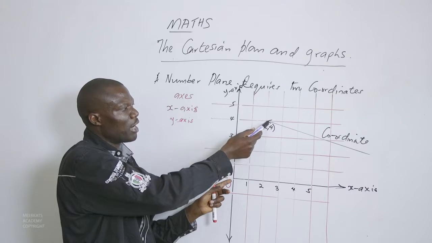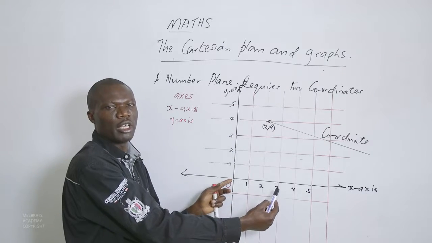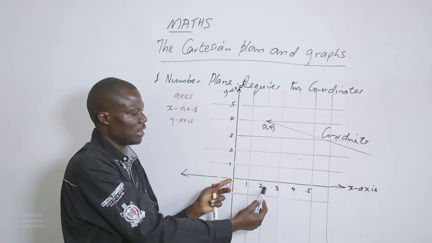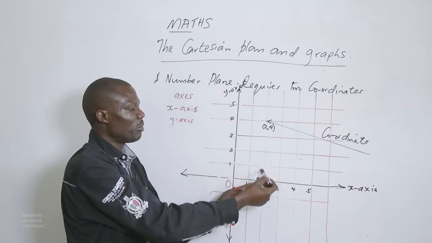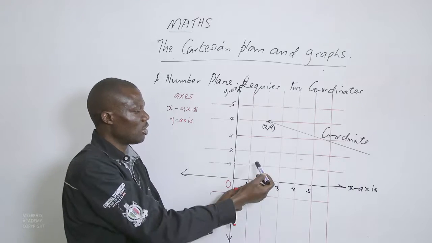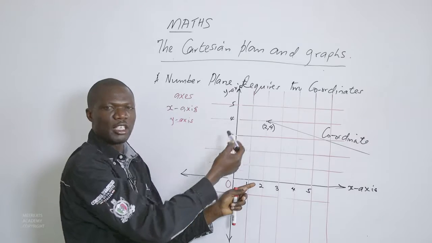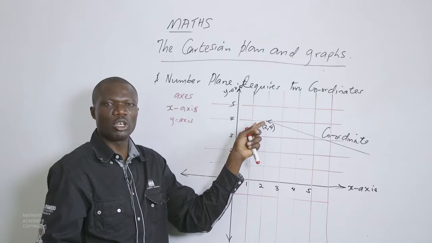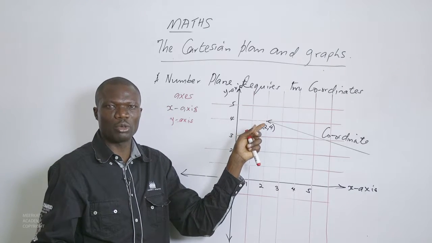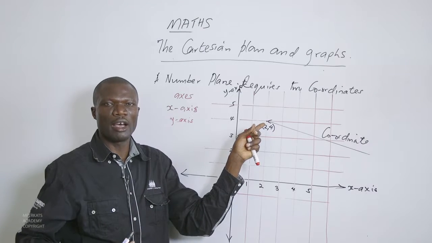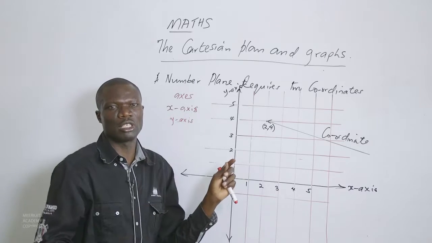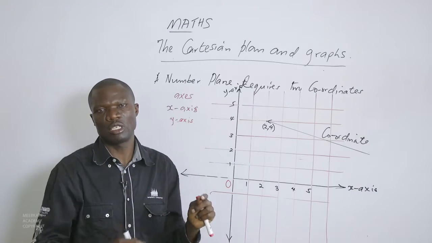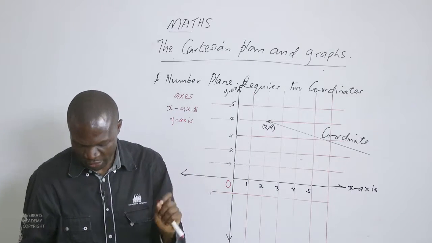How far has the point moved to the right, on the x-axis? We find it's 2 points. But how far has this point moved along the y-axis? You count 1, 2, 3, 4. It is 4 points. So to locate this point, we are only identifying its position by how far it moved along the x-axis and how far it moved along the y-axis. That is what we call the coordinates.